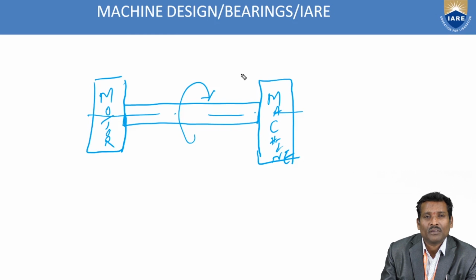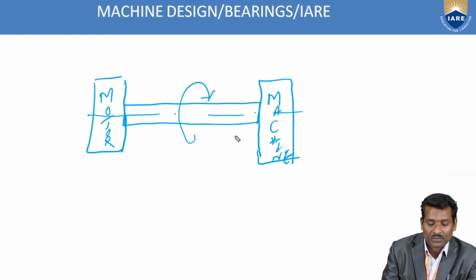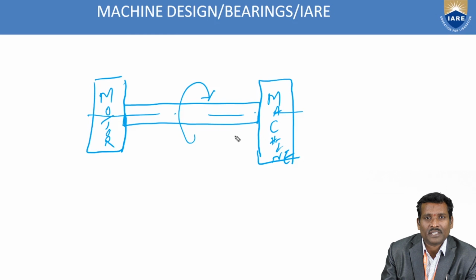And due to the vertical loads, at the center of the shaft, bending moment will occur. To avoid this bending moment and imbalance of the shaft, we will use a support. That support is called a bearing.